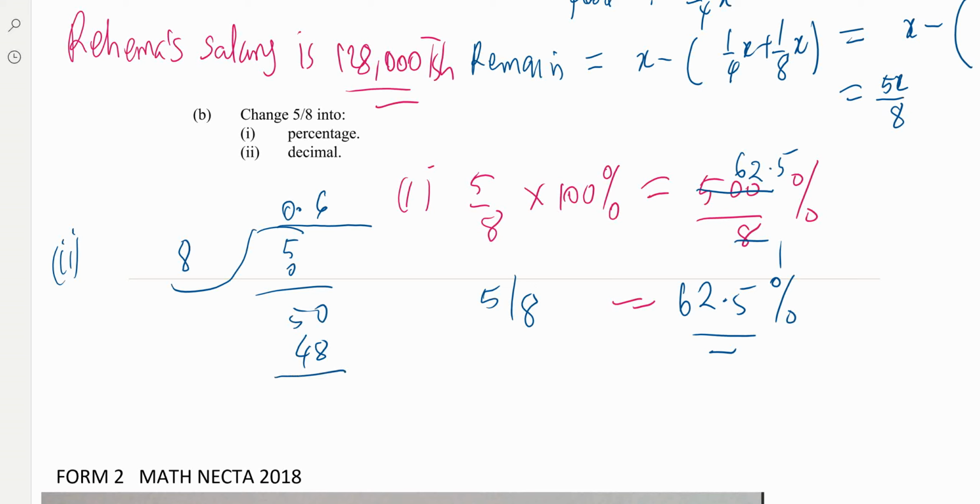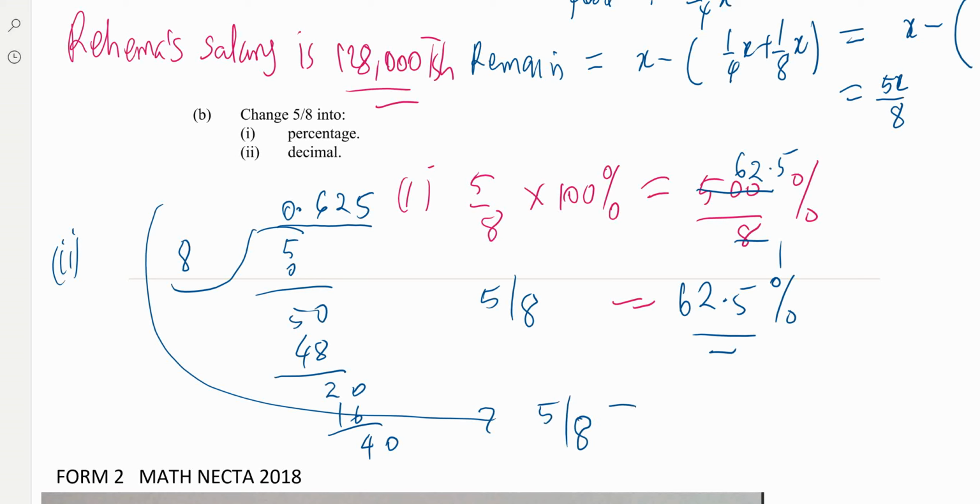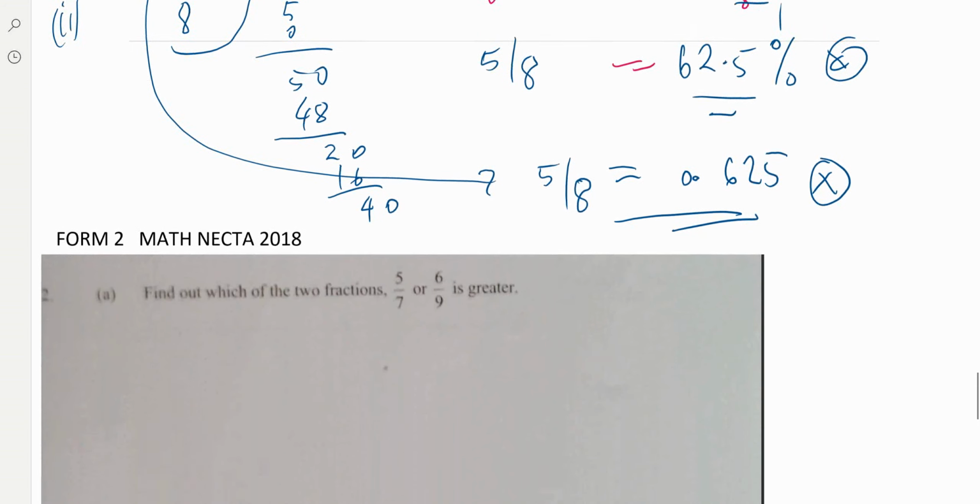When you subtract you get 2, then 2 zero divided by 8 is 2, 2 times 8 is 16, then you have 4, drop 0, it will be 5. So we can say that 5/8 is equal to 0.625. So you can see this is percentage form and this is decimal form, dear students.